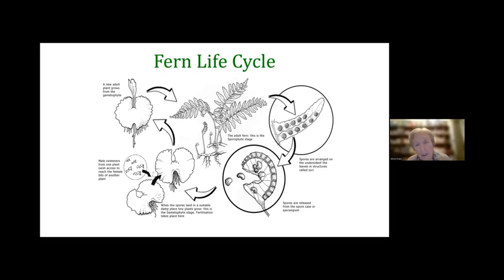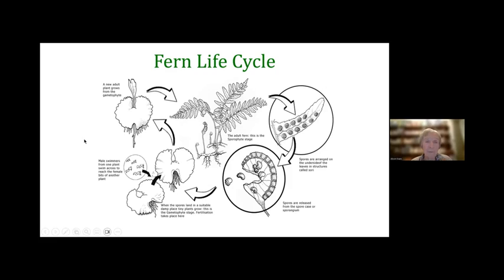In fact, some ferns that grow in very dry places have developed a thing called apomixis. So instead of having a reduction division to produce their spores, they make spores that have the full complement of chromosomes, and then a new fern grows without fertilization.